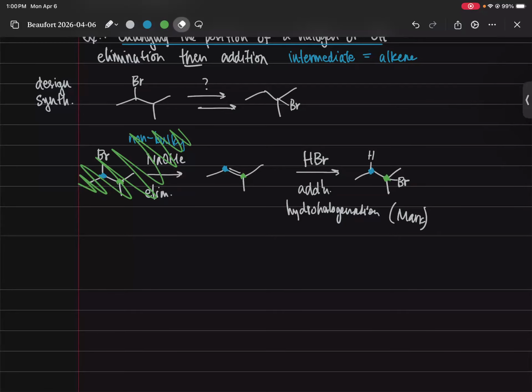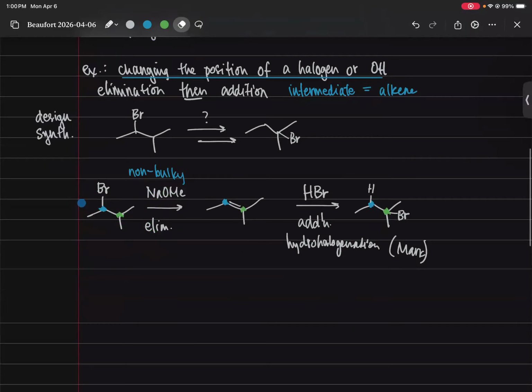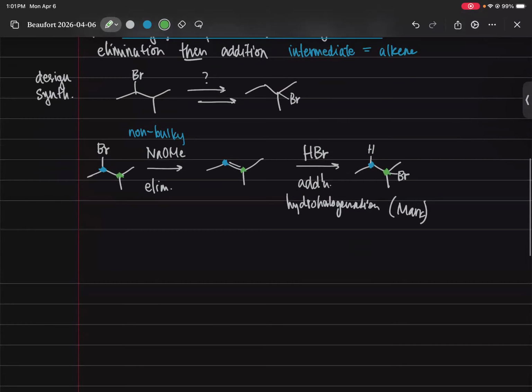So now I can erase this thing. Okay, so now there's our synthesis, right? You don't need to write this, or this, or this. You just need the reagents and the intermediates.